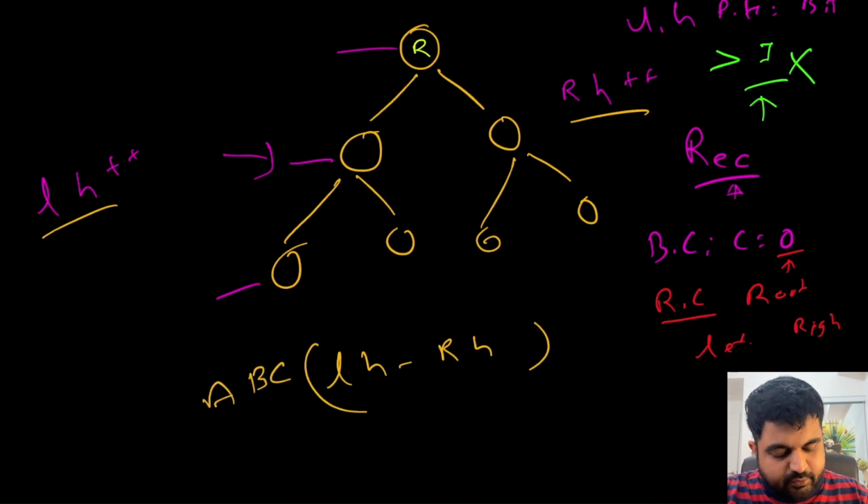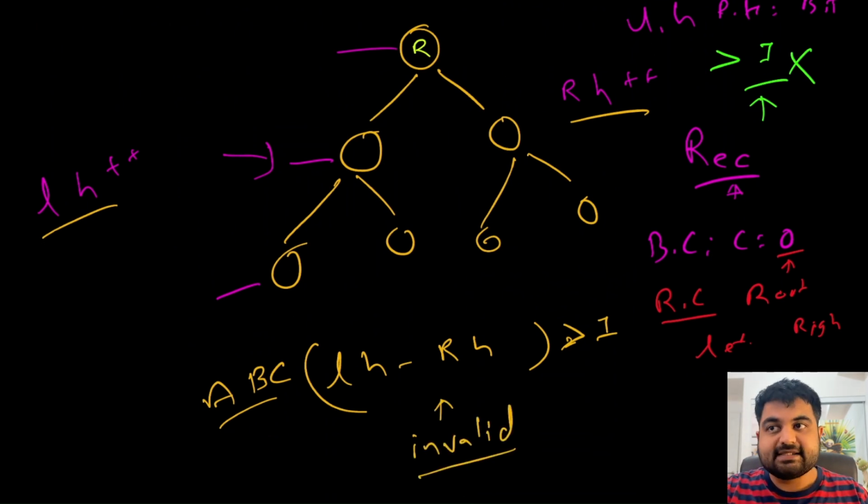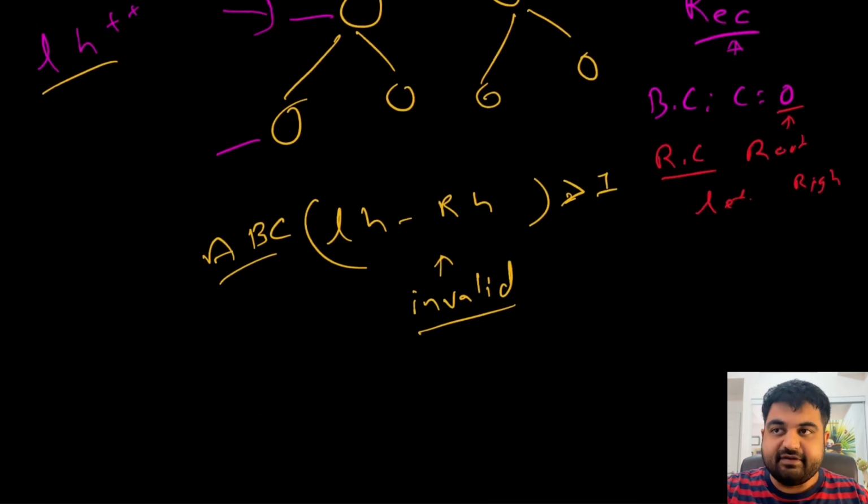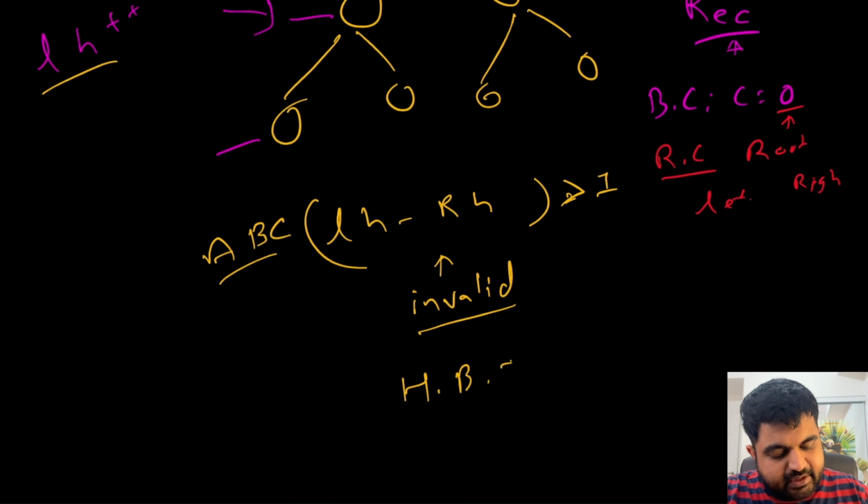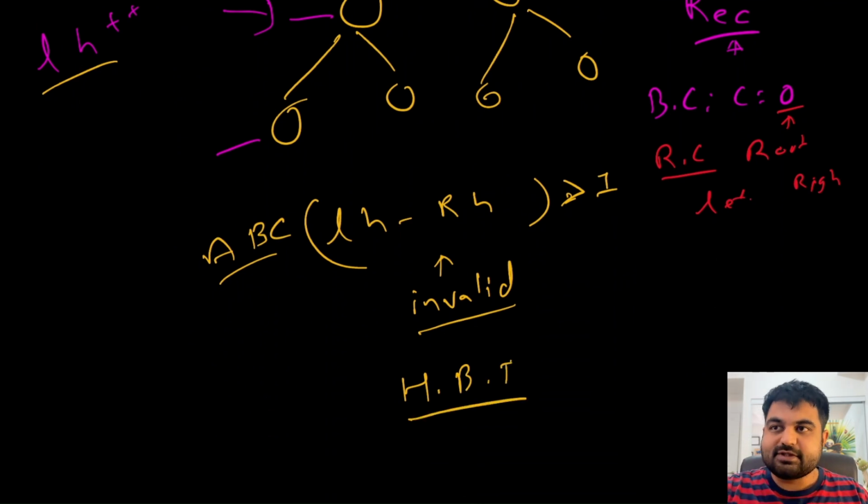So we don't care about which one is greater, as long as the delta is greater than 1. The moment we find this, we can say that this is not a proper height balanced binary tree. And if we reach the end, we can say that this is a height balanced binary tree, and we can return this answer very simply. So the approach is quite straightforward.